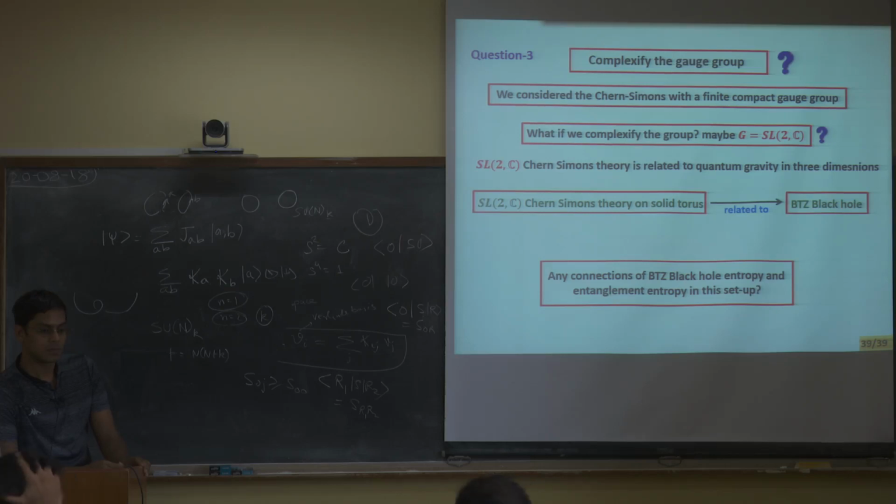And has Petrov done this classically or quantum mechanically? It's classical. But it would be interesting since Chern-Simons is a solvable theory. One could do that quantum mechanically. Yeah, that's the idea.